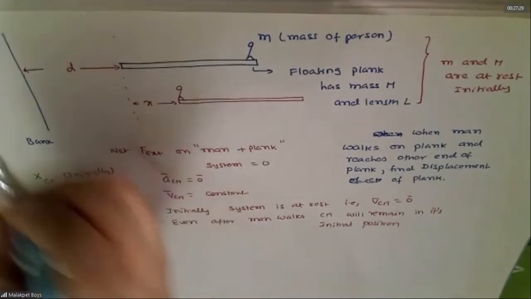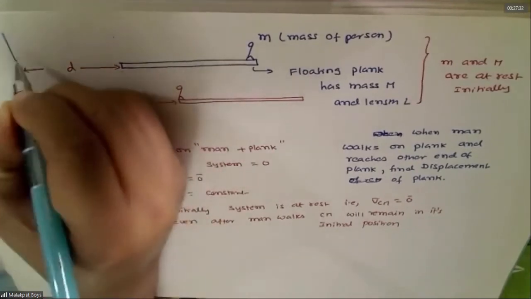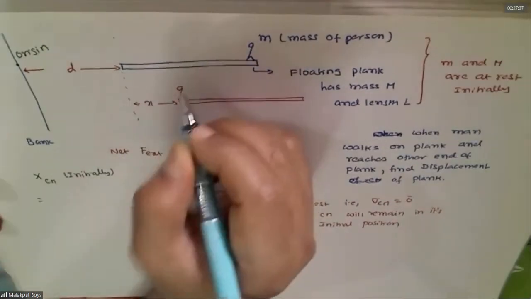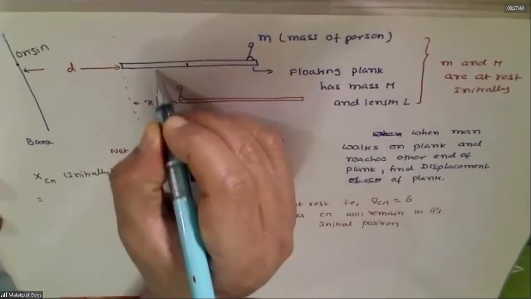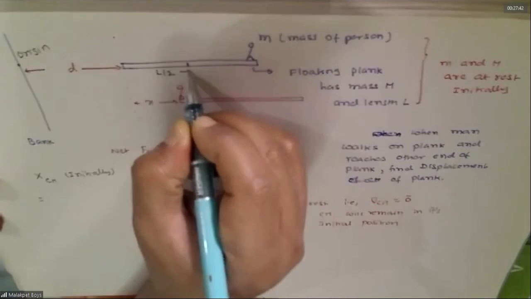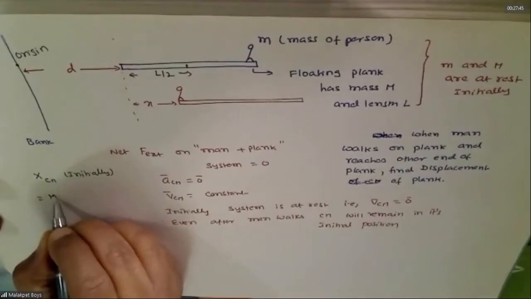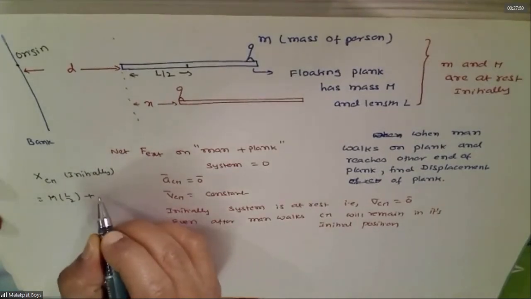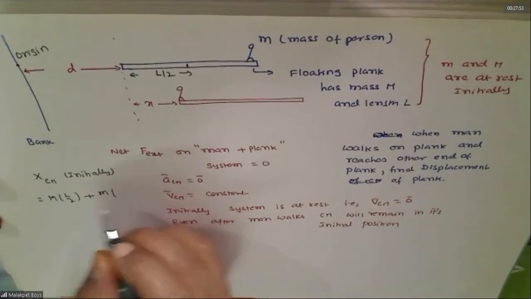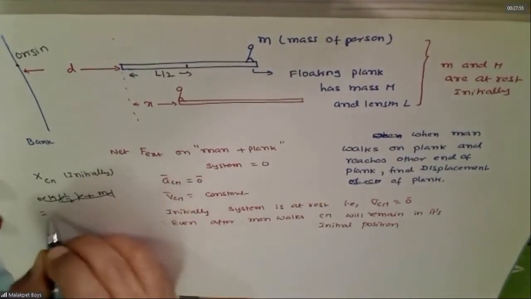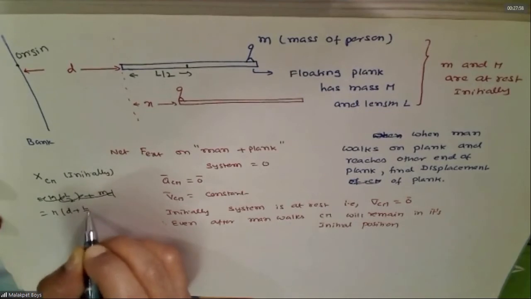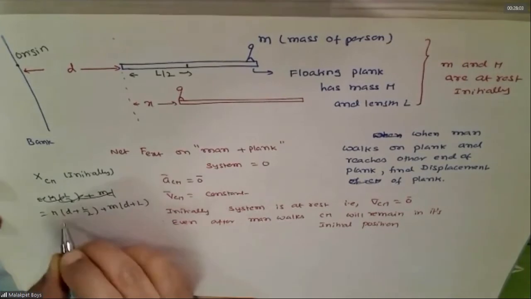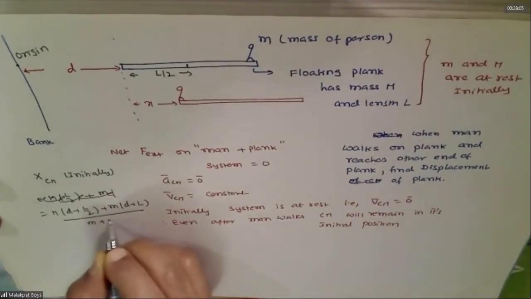First of all, you have to fix the origin. I am taking the origin at the bank. Then the mass of the plank is M. This is L by 2, no? So M into d plus L by 2 plus small m into d plus L, divided by M plus m.